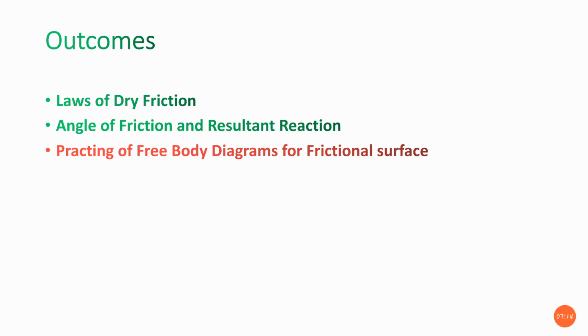Next, we discussed the angle of friction. Phi we have calculated: tan phi is equal to the coefficient of friction. Next, we saw the resultant reaction, and how we converted the normal reaction and the frictional force into a single force. Next is the practice of free body diagrams for frictional surfaces.